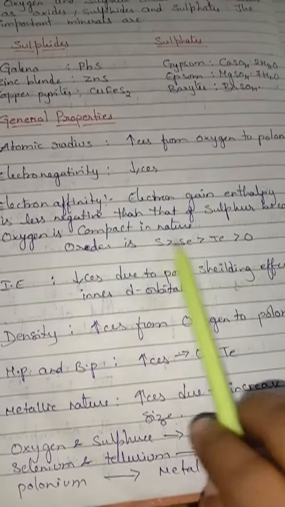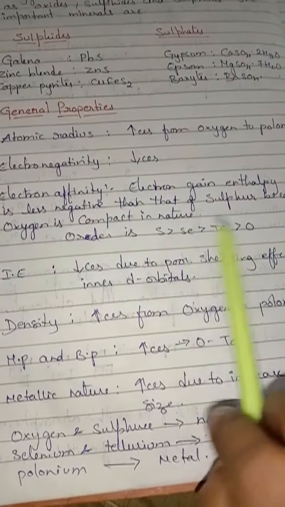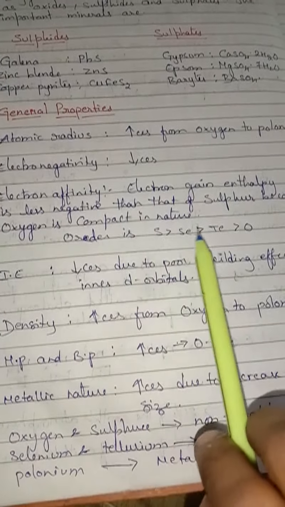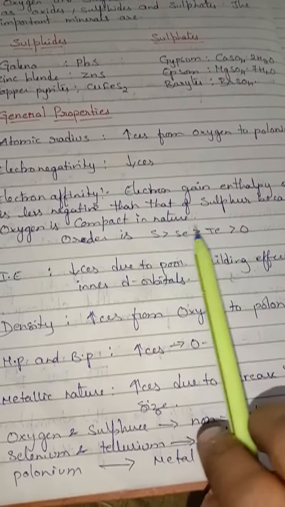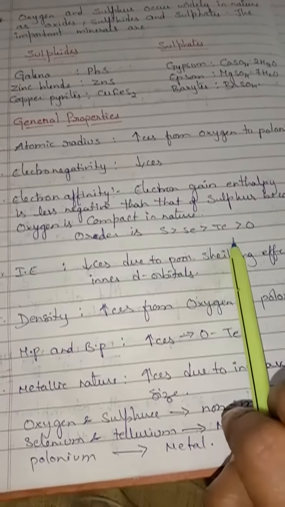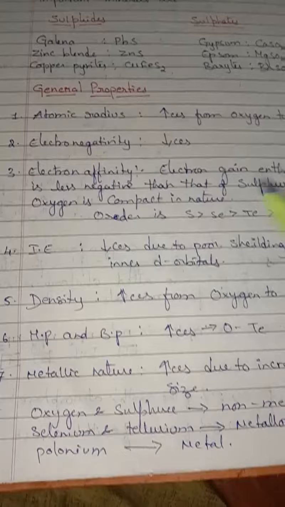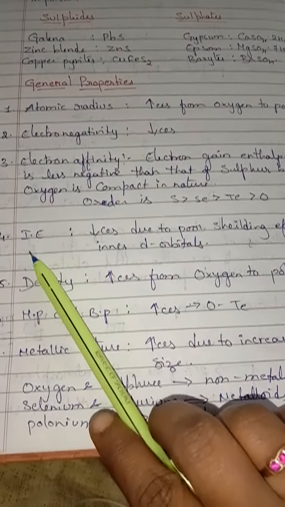The order of electron affinity is S, Se, Te and O. Next comes ionization energy or ionization enthalpy.